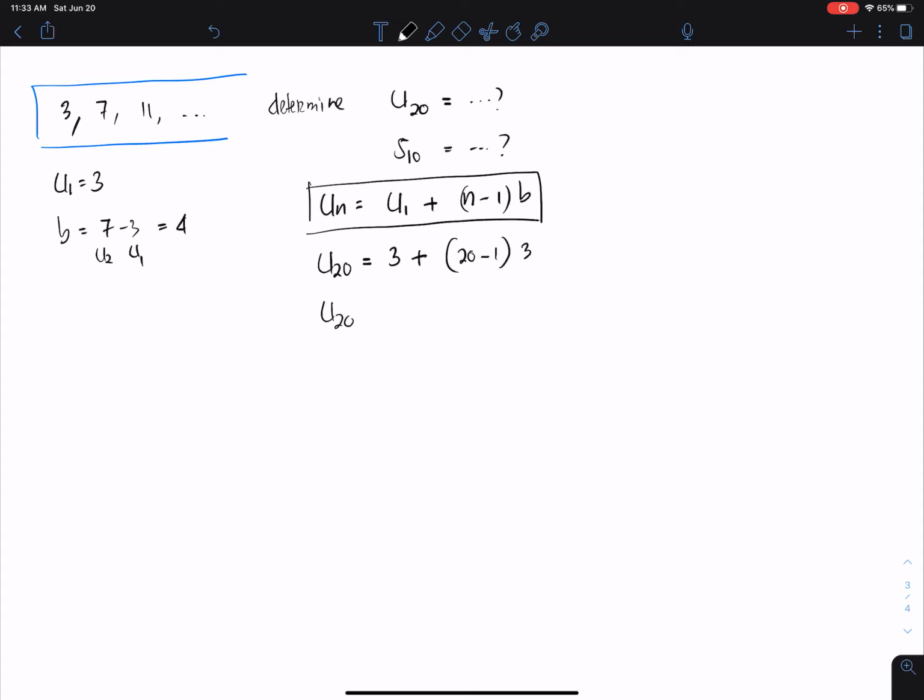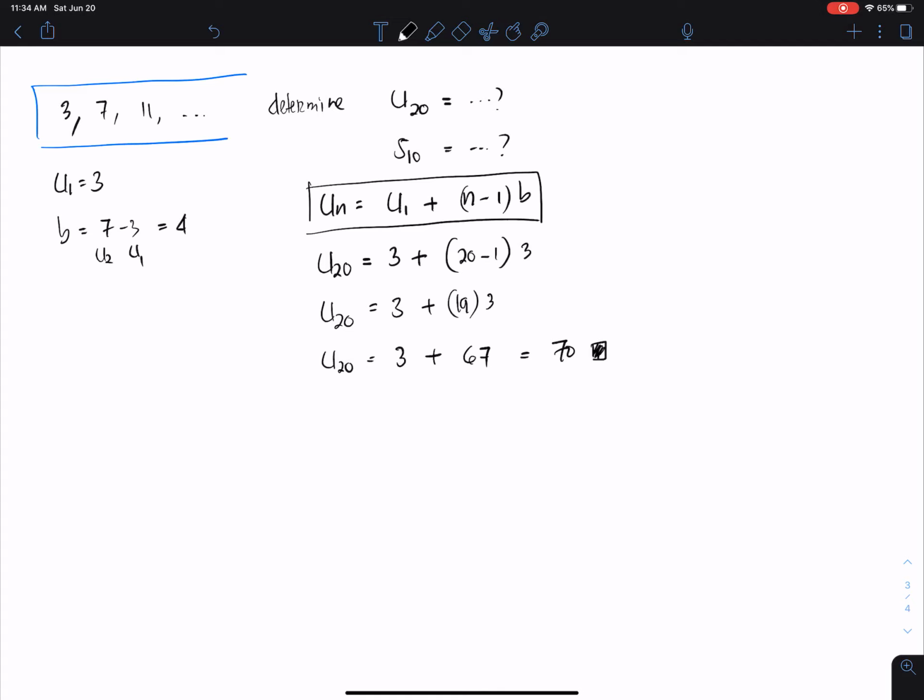So we have U20 equal to 3 plus 19 times 4. Then what we get is 3 plus 76, we get 79. So that is our 20th term, or U20. So that's for the first question.